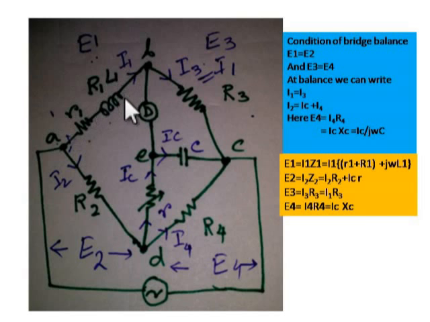Then I1 into j omega L1 will be perpendicular, pure 90 degree. The voltage across the inductor leads the current, and here this voltage IC will lead the voltage.